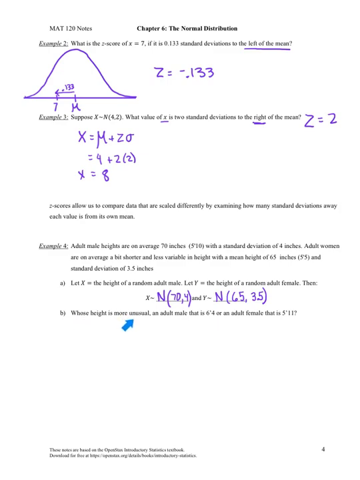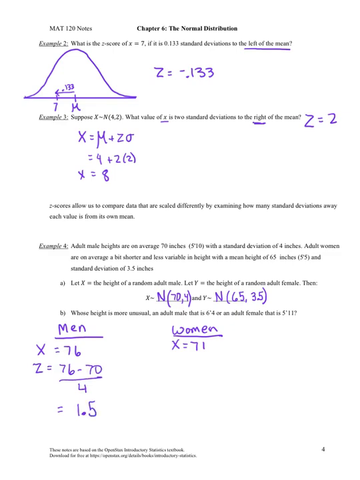Whose height is more unusual? An adult male that is 6'4" or an adult female that is 5'11"? For a height of 6'4" that would be a total of 76 inches. And for women, where the average height is 65 inches, 5'11" would be a height of 71 inches for our data point. Let's go ahead and compare the z-scores now by plugging in our mean and our standard deviation.